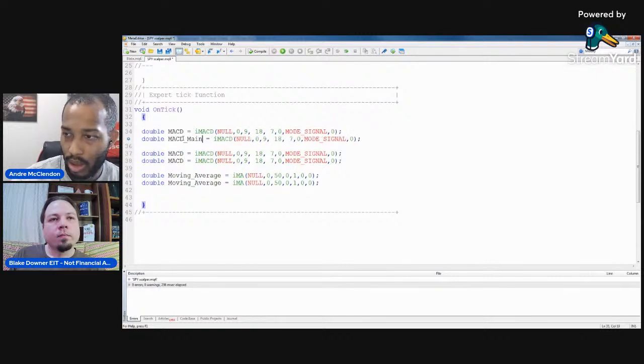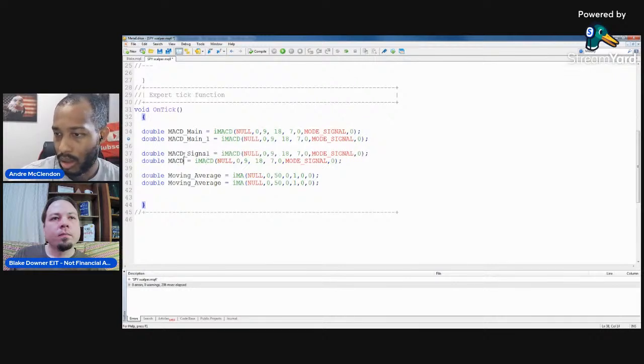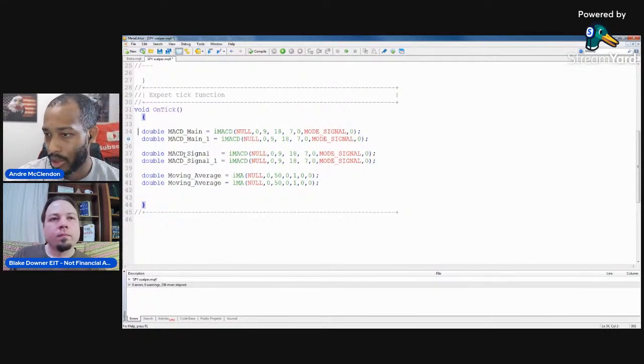This is main. This is main 1. Signal. And eventually, what I usually do is copy and paste it from somewhere else instead of retyping it 1,000 times.